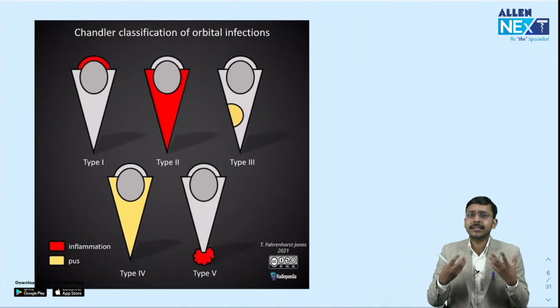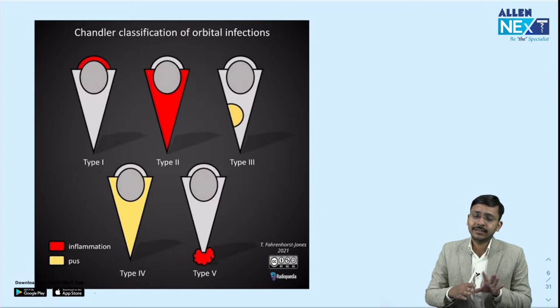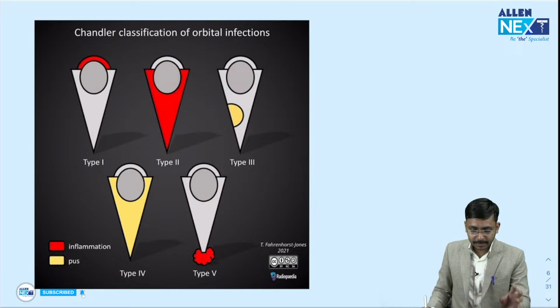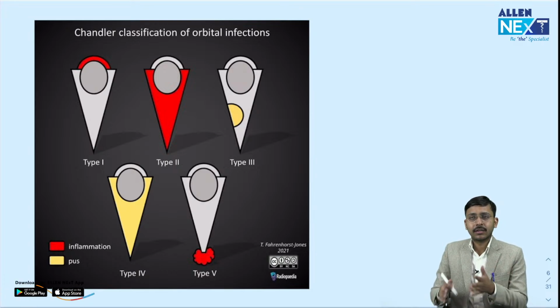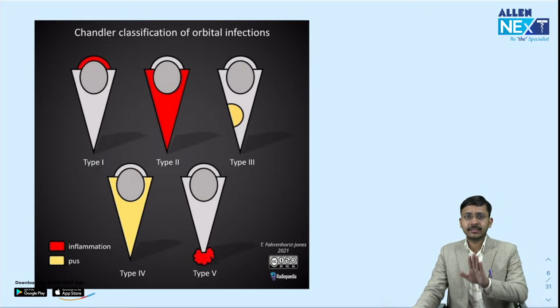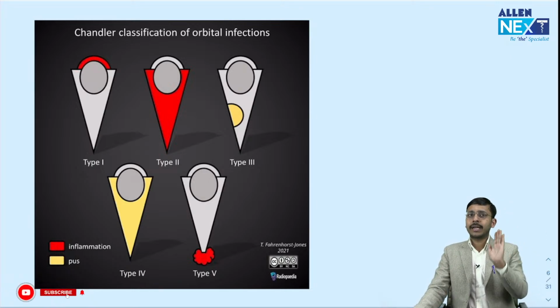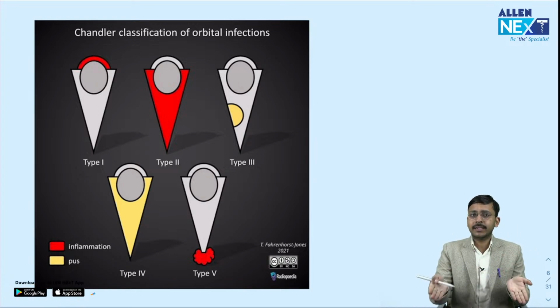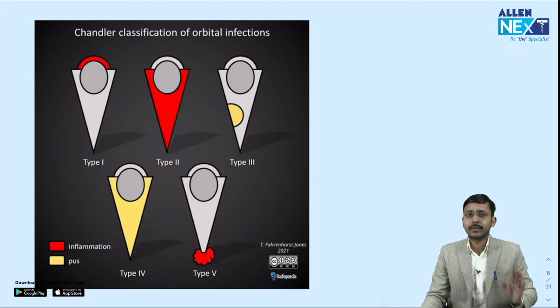However, let me just take this opportunity to tell you various orbital infections. There is a Chandler classification of orbital infections in which we see what space of the orbit is involved. Most orbital infections occur secondarily to URTI, secondarily to a sinusitis, because the infection spreads from the sinuses into the orbit.